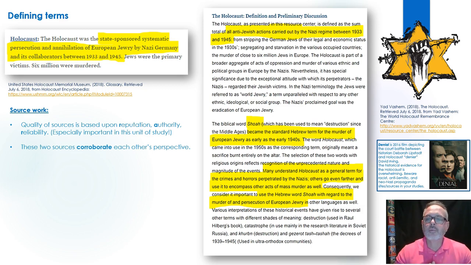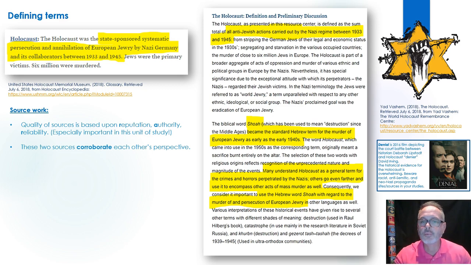Yad Vashem goes into even more depth now. It says many understand the Holocaust as a general term for the crimes and horrors perpetrated by the Nazis. Others go even farther and say it encompasses other acts of mass murder as well.